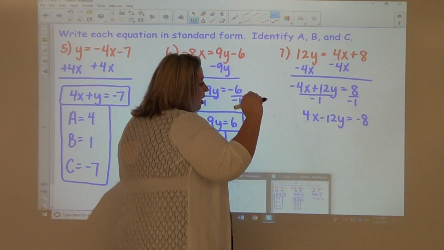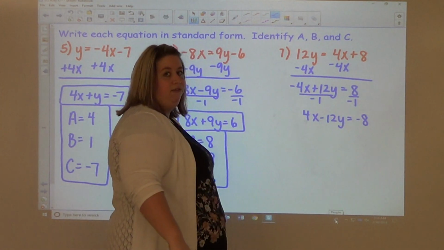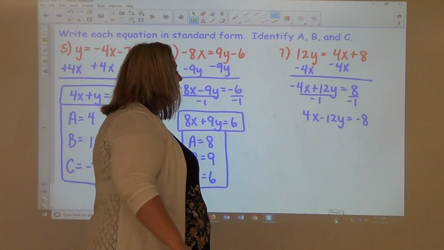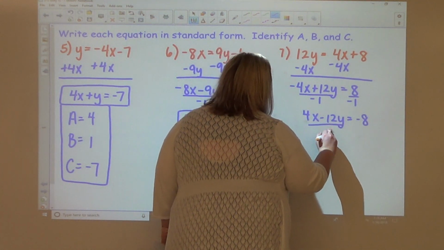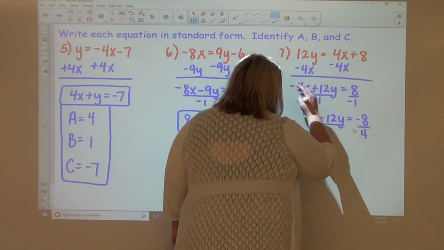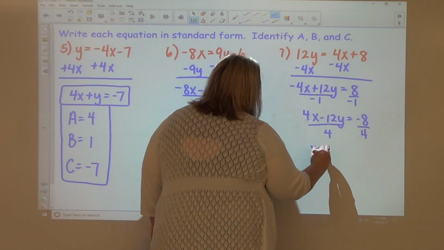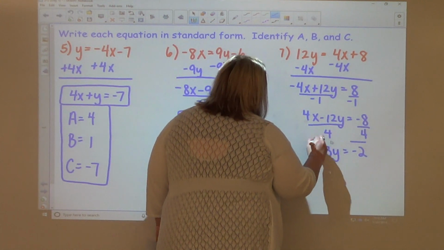Okay, but on this one we're not finished because those are both divisible by 4. If there's something, the greatest common factor that goes into these, we're going to have to divide by that number. So those are all divisible by 4. I divide those by 4, that gives me x minus 3y equals negative 2.